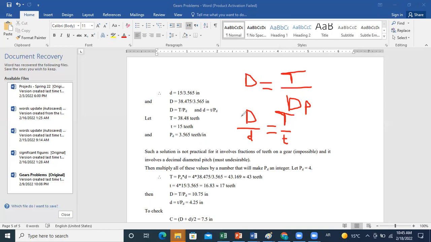And as we said, we try to have small sizes for my pinion. So I can start to take a certain number of teeth T for my pinion and check what will be the corresponding number of teeth for my gear. As usual, I can start from the table.